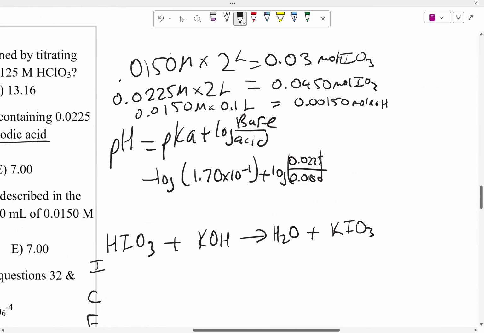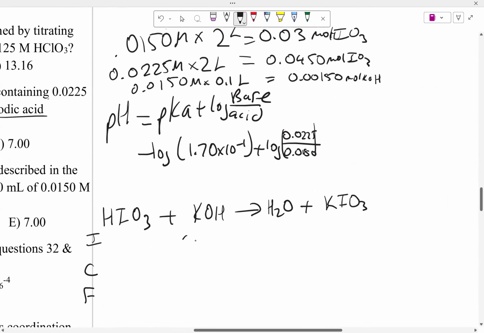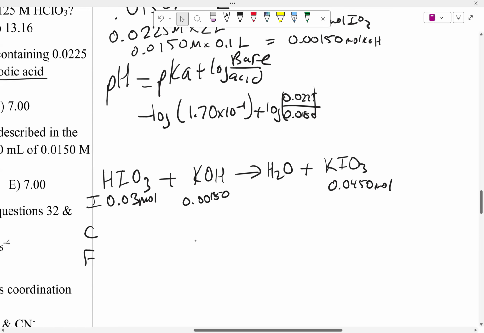Okay, so I found all the moles. Now let me plug these moles in. KOH is 0.00150, HIO3 is 0.03, and IO3 is 0.0450 mole. We see KOH is running out, so that's the limiting thing that's going to run out.